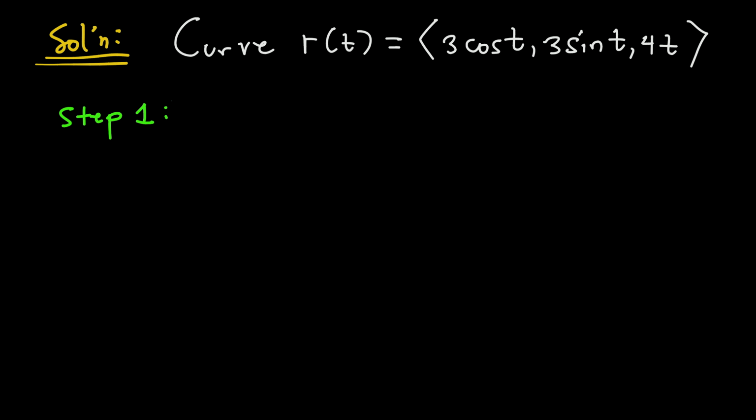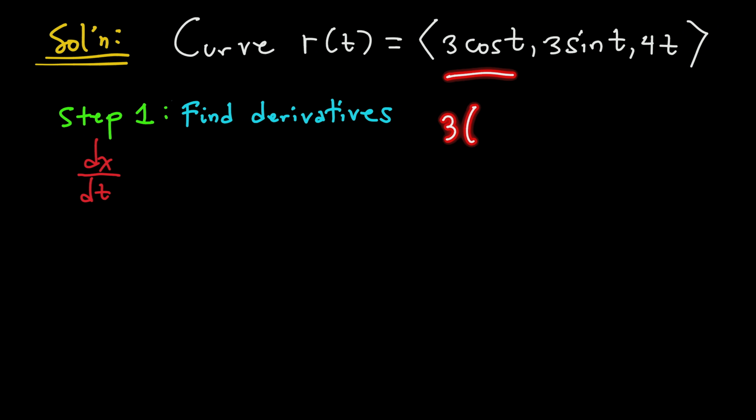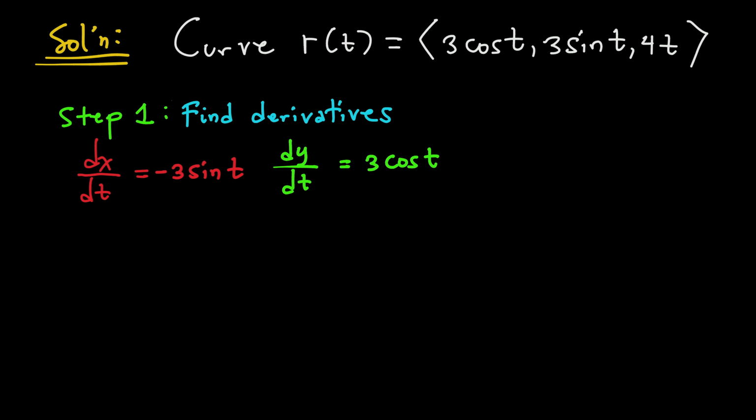So step 1, find the derivatives. Meaning you need to look for dx over dt. So we differentiate this one. You have 3 times the derivative of sine of t. Simplifying, you will have dx over dt equal to negative 3 sine t. Then for this one, you have 3 cosine of t, which is dy over dt.